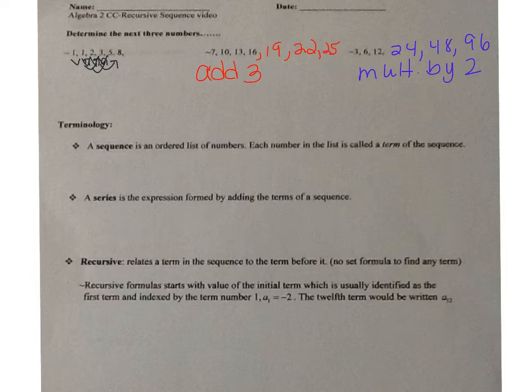So to get the next number, I would add 5 plus 8, and that would be 13. To get the next number, I would add 8 plus 13, and that would be 21. And then to get the next number, I would add 13 and 21 and get 34.